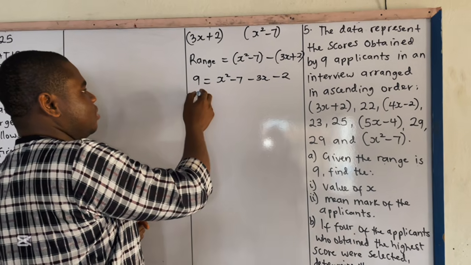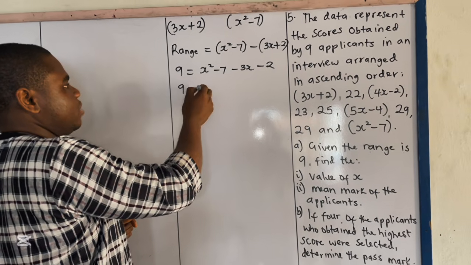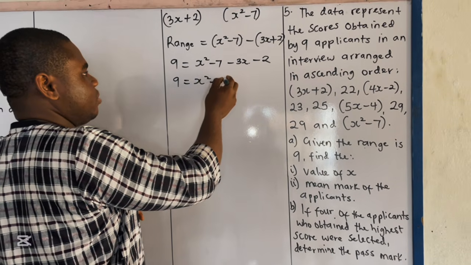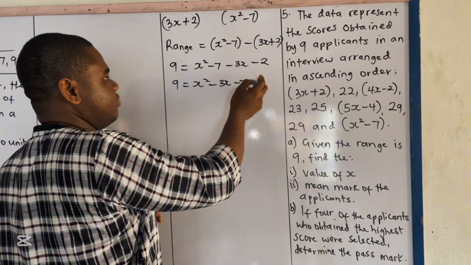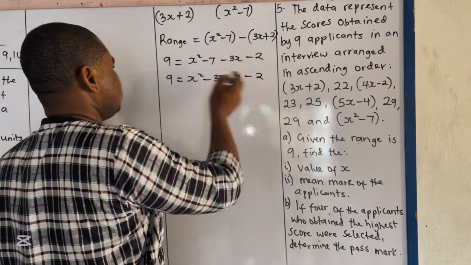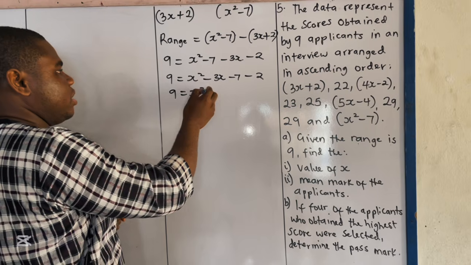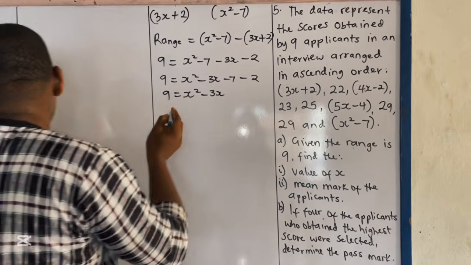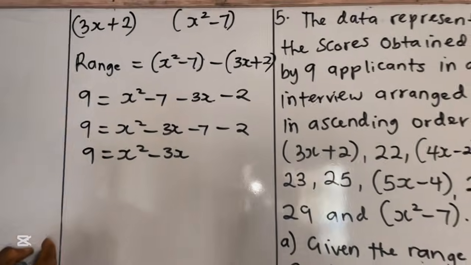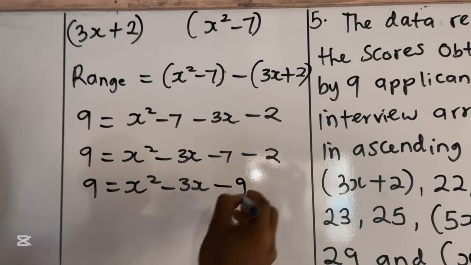Let's rearrange. We have 9 is equal to x squared minus 3x minus 7 minus 2.